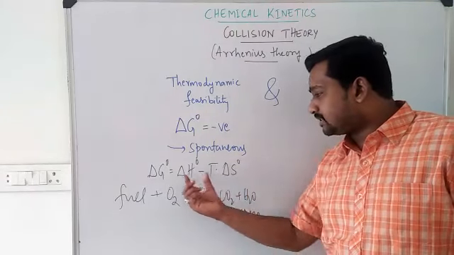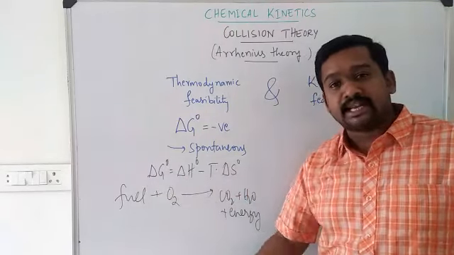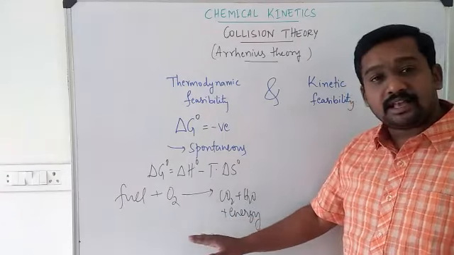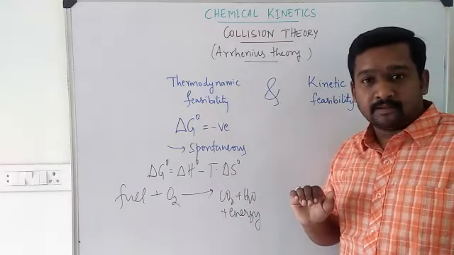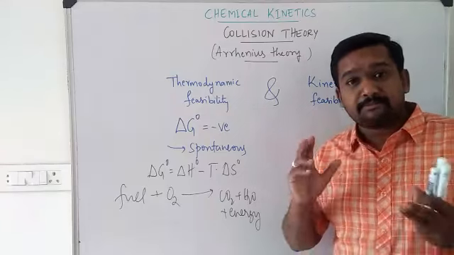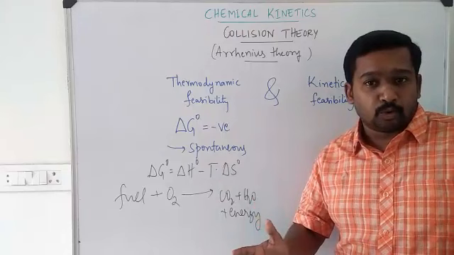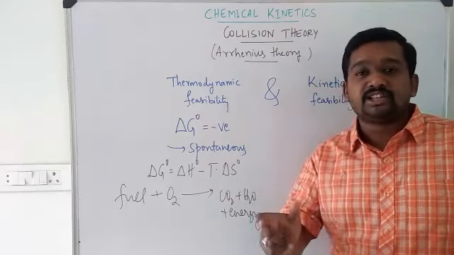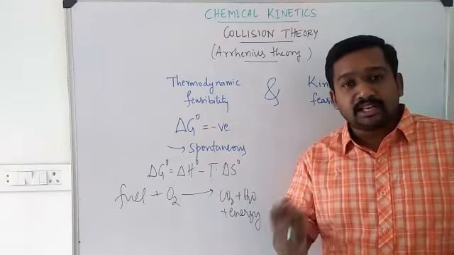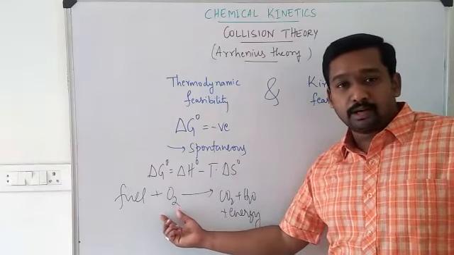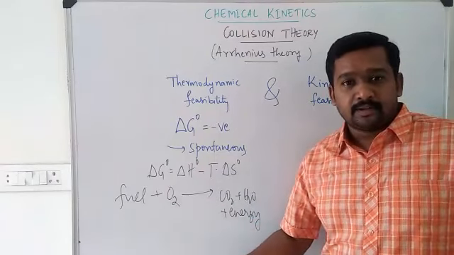Based on these two factors, we get the delta G naught value as negative, which means the reaction is spontaneous. But when we experimentally observe this, it will not happen on its own unless there is an initiation. Unless you initiate, the fuel will not burn just like that.